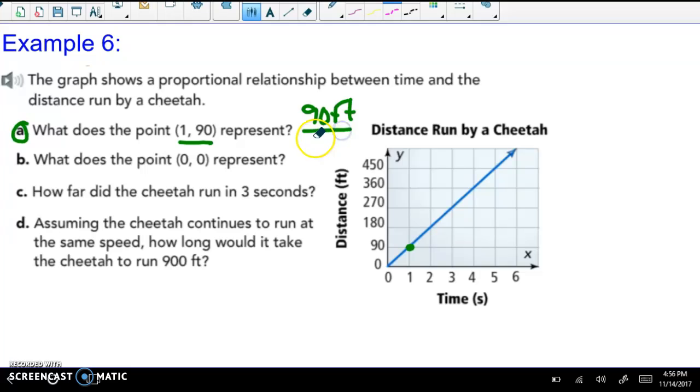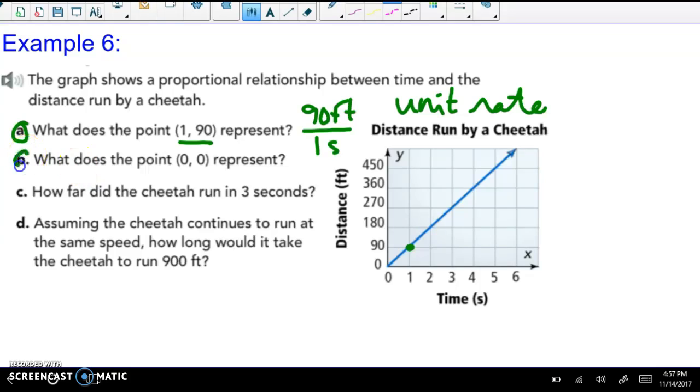What do we call it anytime we have a rate with a denominator of 1? I hope that you are shouting out unit rate right now. This is my unit rate. My unit rate on the graph is always where x is 1 because my y to x ratio will look like this on my graph. So 90 feet per second is my unit rate.